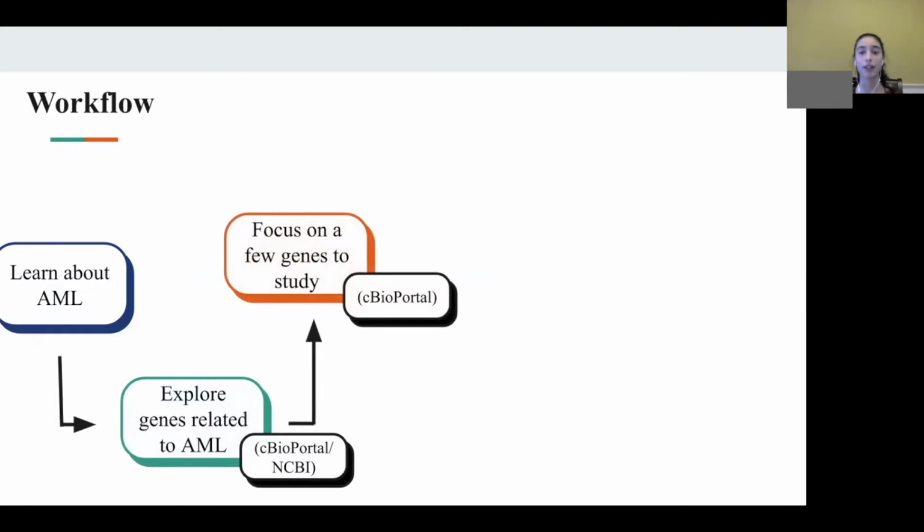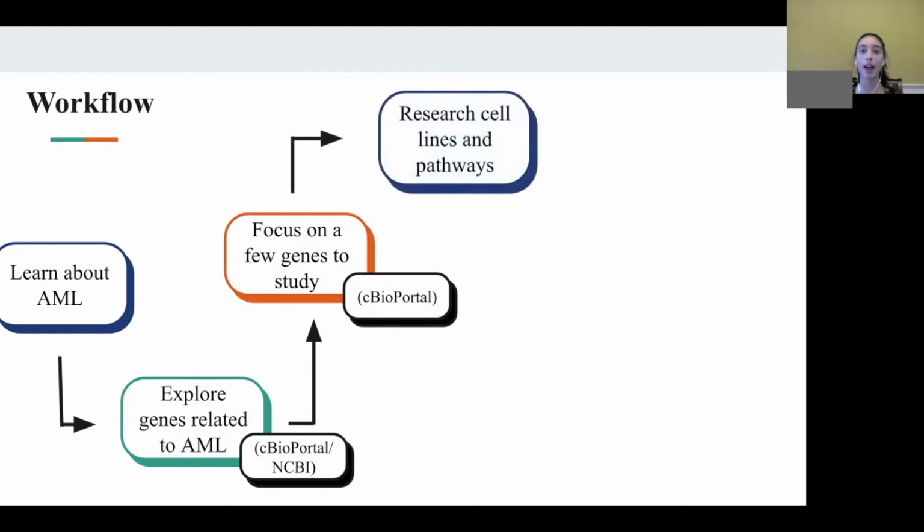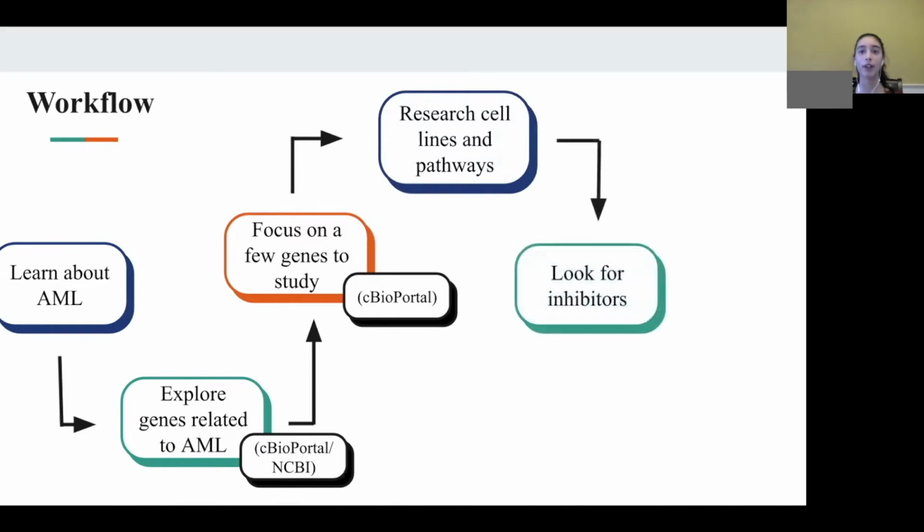I utilized the cBioportal data site, which provides different kinds of samples and cohorts for different studies on AML. And based on mutations and most prevalent genes, I selected a few genes for analysis. Then I researched cell lines and pathways that connected the chosen genes together. Lastly, I looked for an inhibitor that could target the genes to limit the proliferation of immature myeloid cells. And lastly, I present my findings.